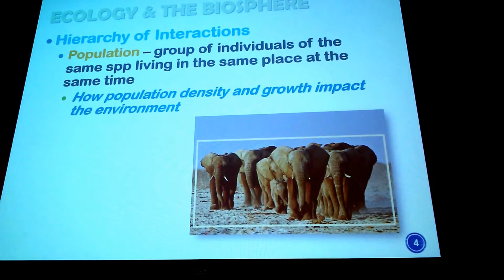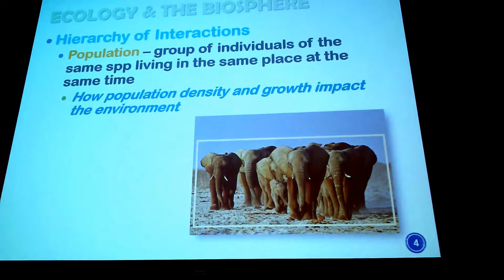The population, all the elephants in this case, the herd of elephants, is a group of individuals of the same species living in the same place at the same time. We could talk about that herd of elephants. We could talk about all the coyotes in Coachella Valley. We could talk about you being in this class at this one time being the student population for this course. And we'll talk about how population density and growth impact the environment.